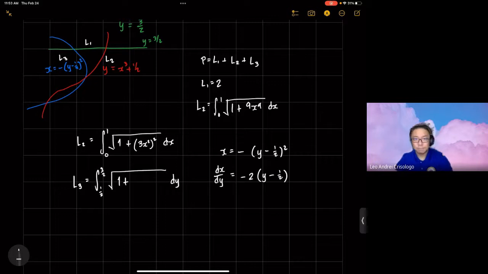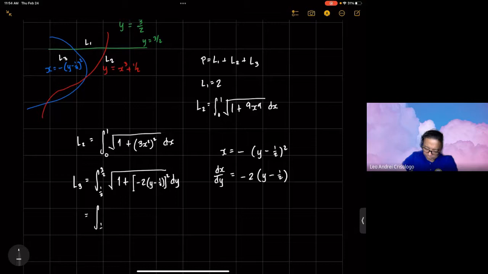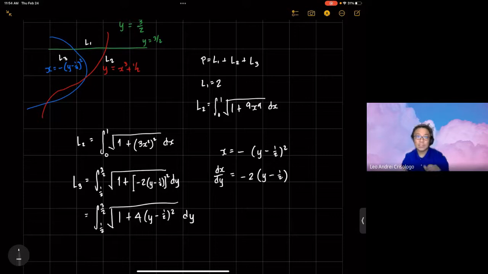Yun na yun. So square lang natin siya. That will be negative 2y minus 1/2 squared. So we'll have the integral from 1/2 to 3/2 of the square root of 1 plus 4y minus 1/2 quantity squared.